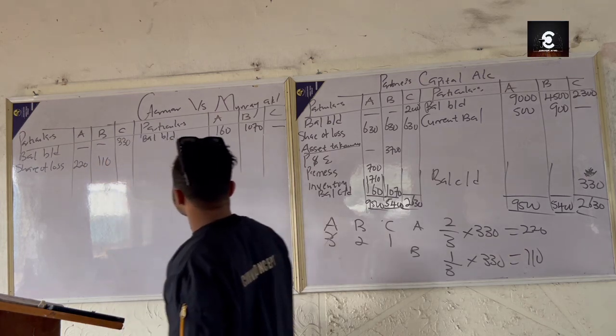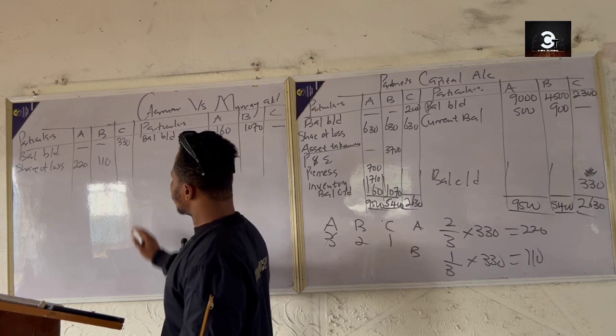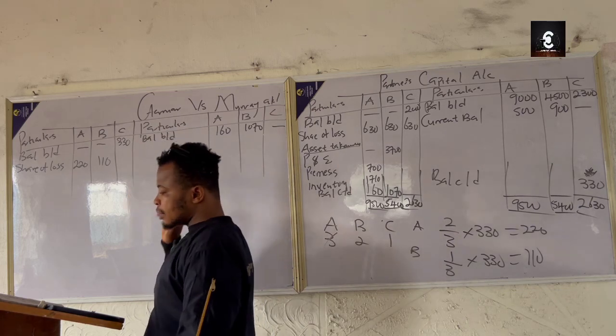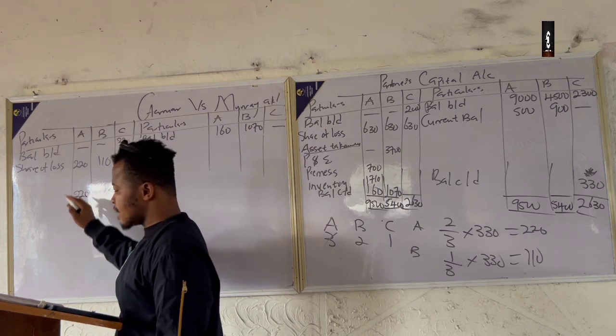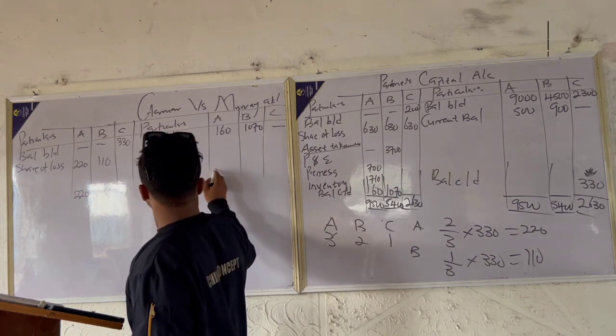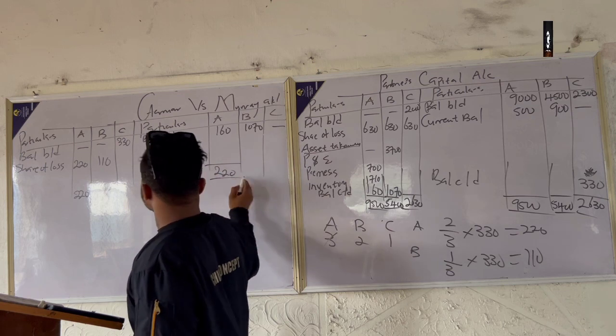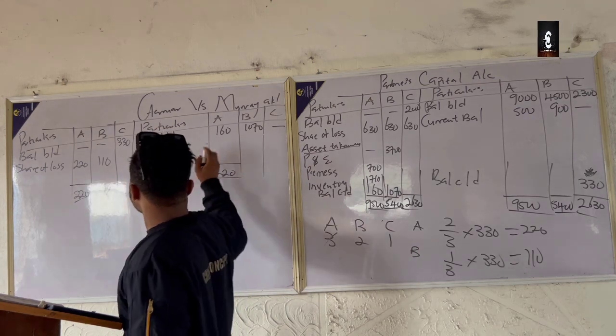So let us balance our accounts. How do we balance our accounts? We'll come here. 220 is greater, so we'll have 220 as the higher value. We close the account of A with 220. What is the difference between 220 and 160?